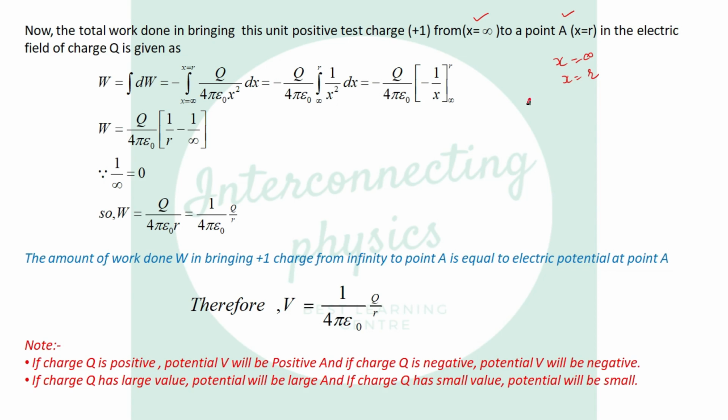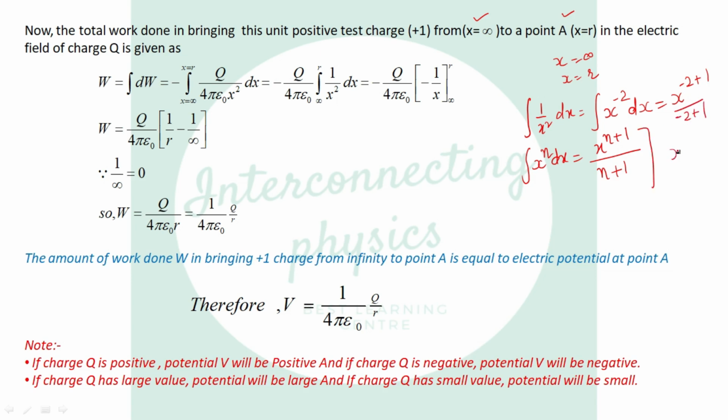Let us calculate integration of 1 over x square dx, which is equal to x raised to power minus 2 dx. We know the formula for integration, x^n dx equals x raised to power n plus 1 divided by n plus 1. And here n is minus 2. So x^(minus 2 plus 1) divided by (minus 2 plus 1), so x^(minus 1) divided by minus 1, and the answer is minus 1 over x.